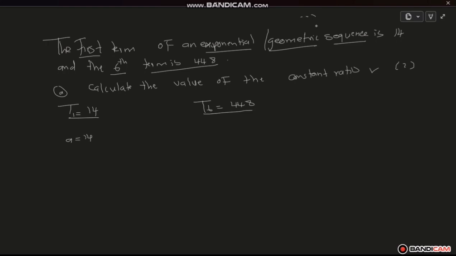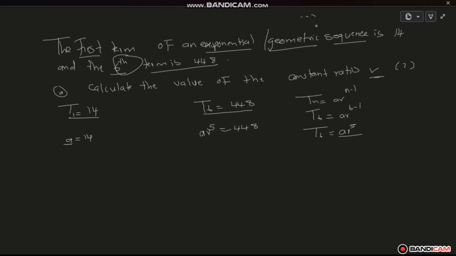Because T1 is equivalent to A. Then T6, this is what you do. Tn equals AR to the n minus 1, provided that this is an exponential. Therefore T6 equals AR, where there's n we substitute 6, so T6 is AR to the power 5, 6 minus 1. Therefore AR to the power 5 equals 448.